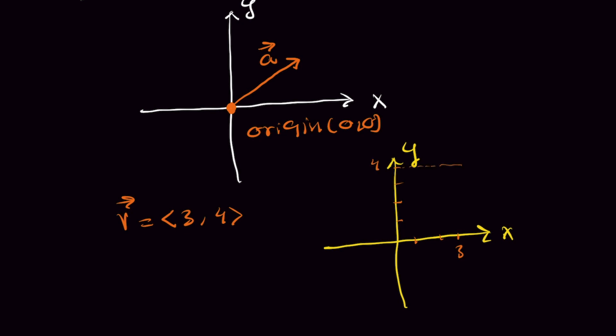So our vector v, we can draw like this; the coordinates are 3 and 4, but the origin of this vector is 0, 0.